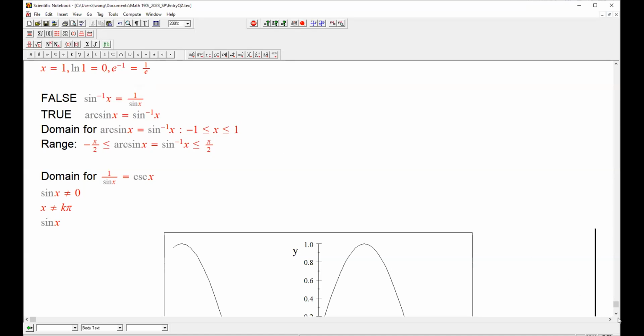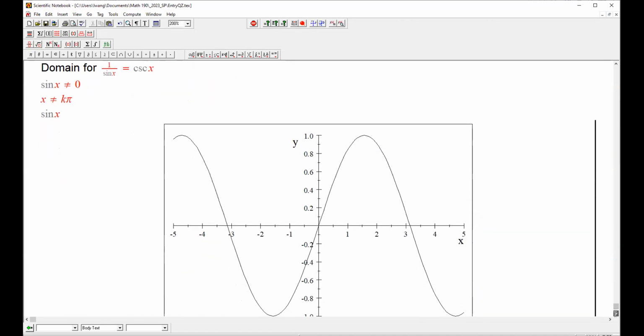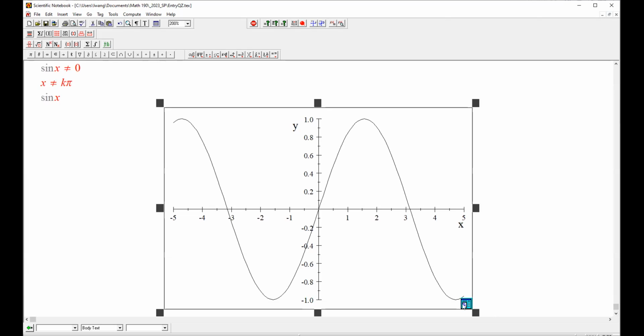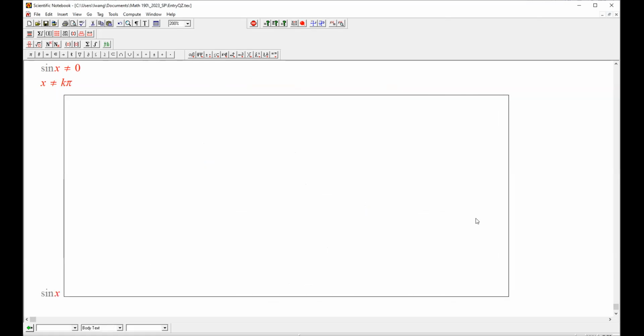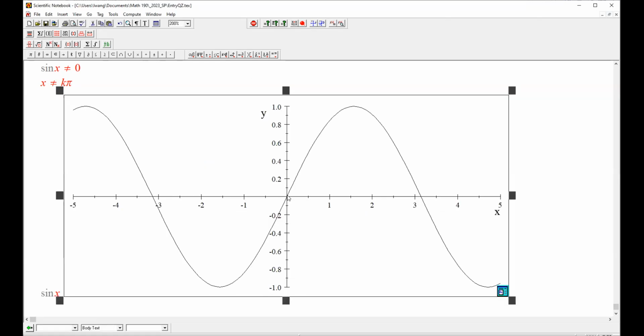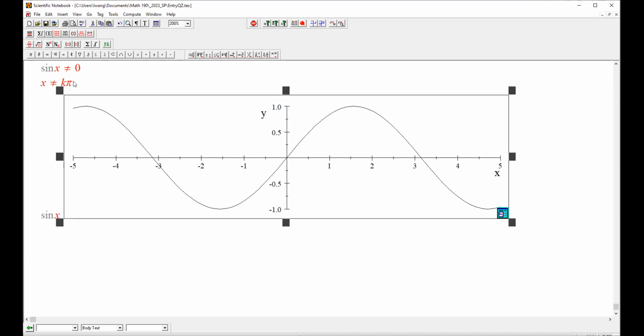You just look at the sine curve, right? Everybody should know the sine curve by this time, yes? If not, please study my lesson on the sine curve. So what are the values that cause it to equal 0? 0, pi, 2 pi, -pi, and so on, right? So those are the multiples of pi, k pi, where k is any integer.